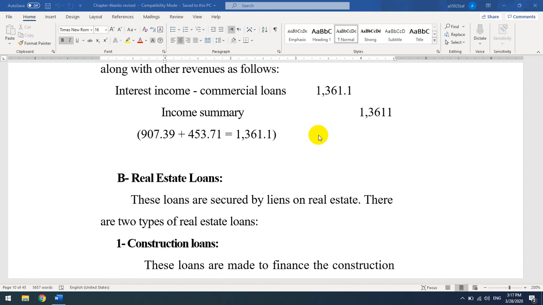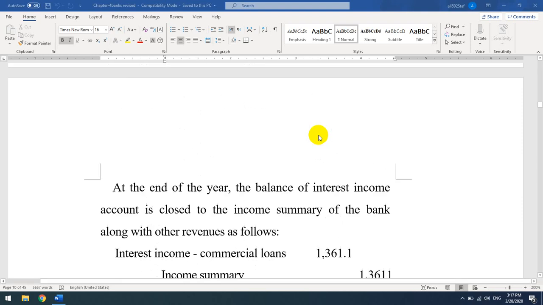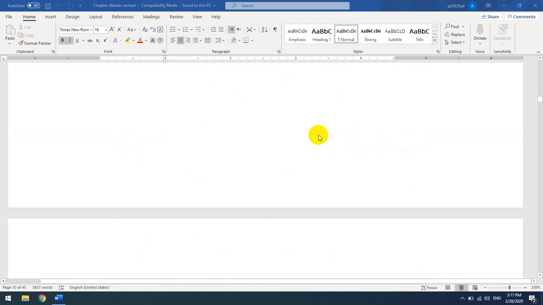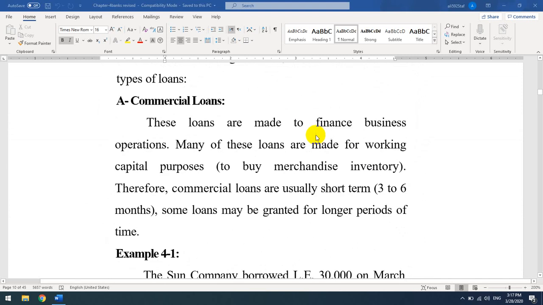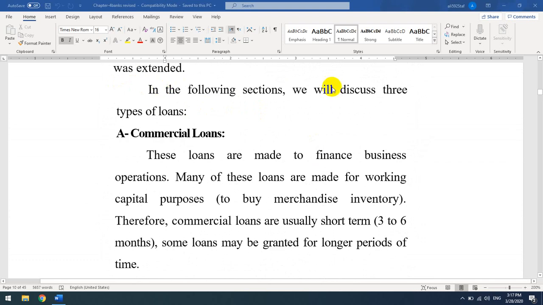Last lecture we learned how to account for the first type of loans. We have three types of loans as we discussed before.